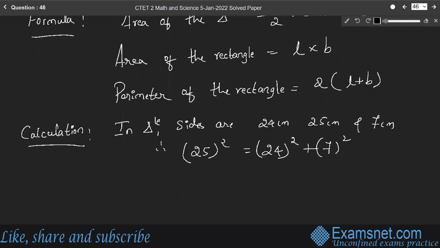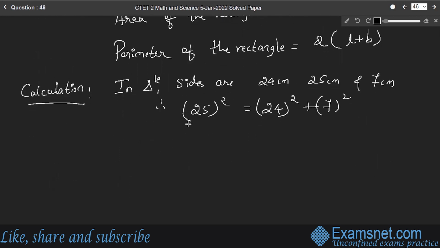You can check it. So 25 square is 625 is equal to 576, 24 square, plus 49. Therefore, the triangle is a right angled triangle.